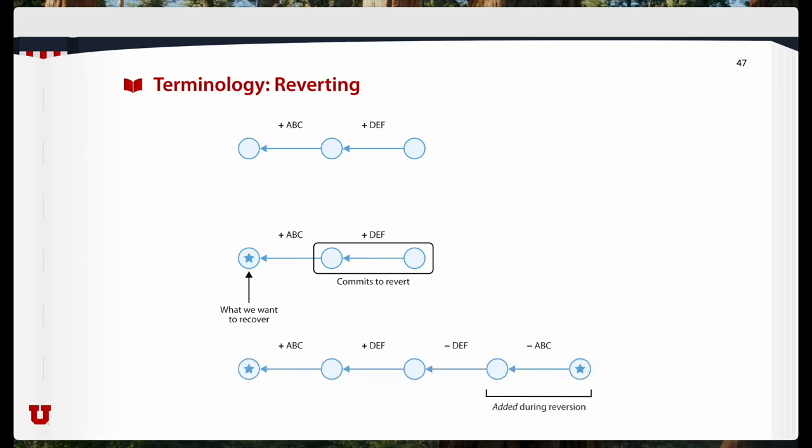And of course, reversion is an additive process, so we're actually going to add commits. In this case, we have the changes plus ABC plus DEF, just stand-ins for what the content actually is. In reverting these commits, we subtract DEF and then subtract ABC. So we're doing the opposite of what these original commits did.